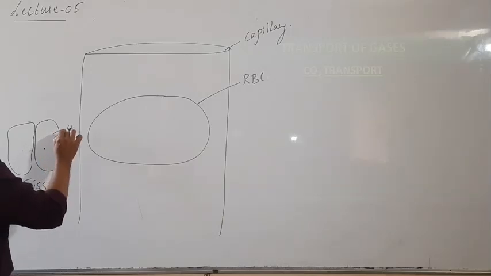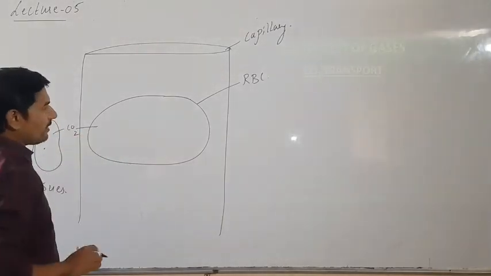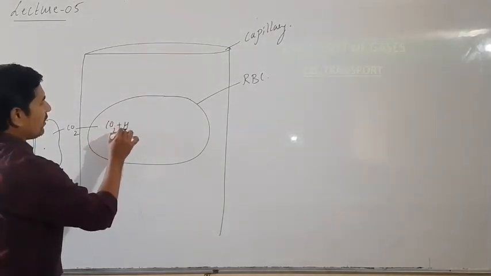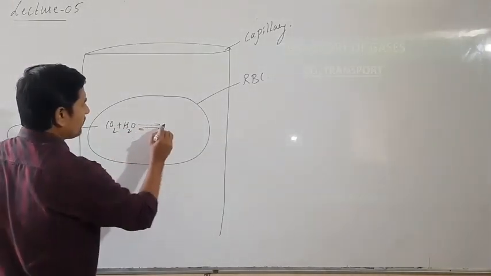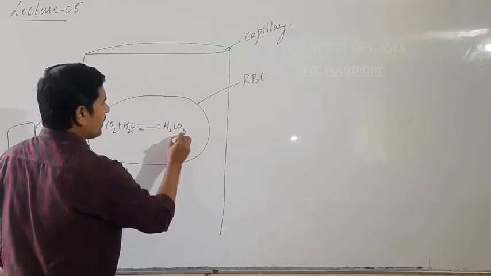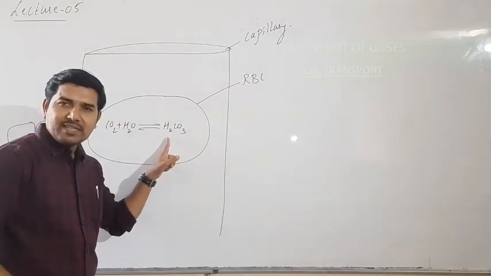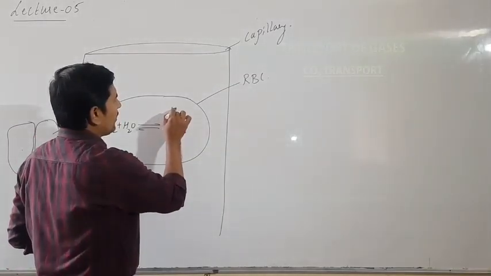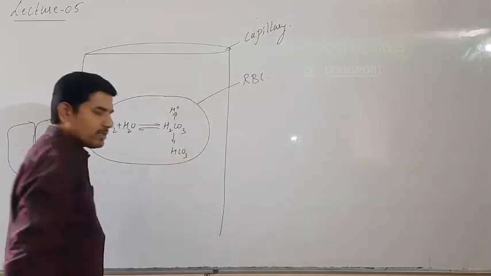Tissues will release carbon dioxide. This carbon dioxide will enter into the RBCs. CO2 combines with water to form H2CO3, carbonic acid. This carbonic acid, as it is unstable, dissociates into H plus and HCO3 minus ions.